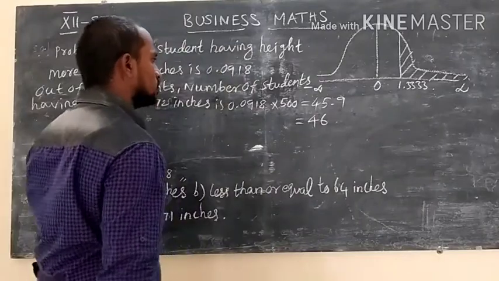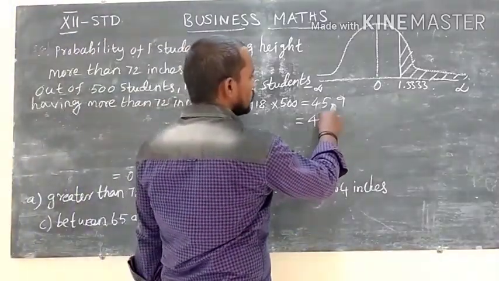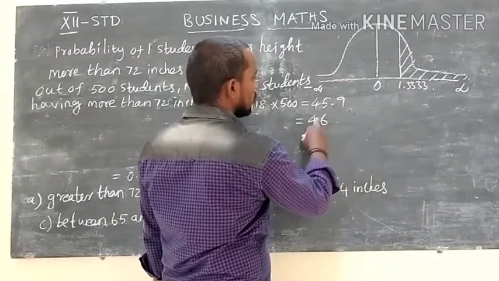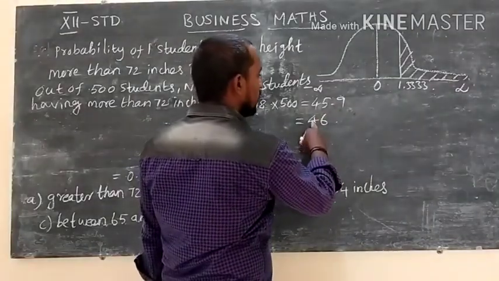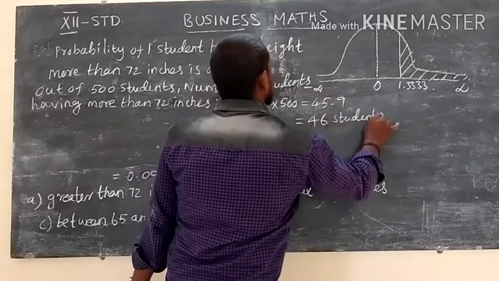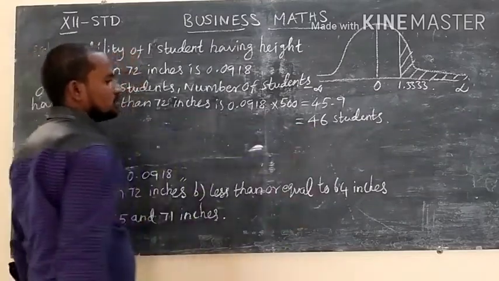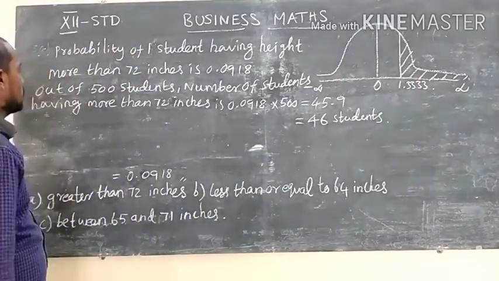The number of students cannot be a decimal, and since the decimal part is more than 5, we add one to the integer part. So 46 students are more than 72 inches. This is your answer for the first subdivision.